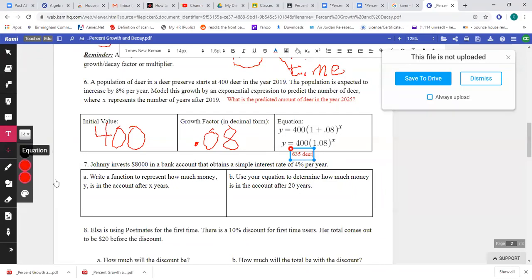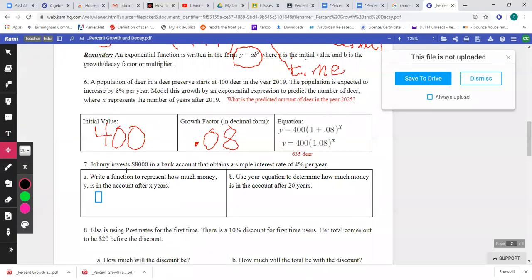So for A, I have to write the function. So I know this is going to be y is equal to my initial amount, 8,000, and then 1 plus 4% as a decimal, which is 0.04, taken to the x power. If you're using a regular calculator, you just use the caret button.